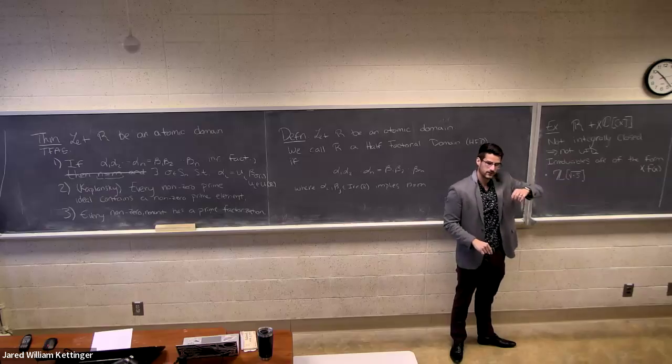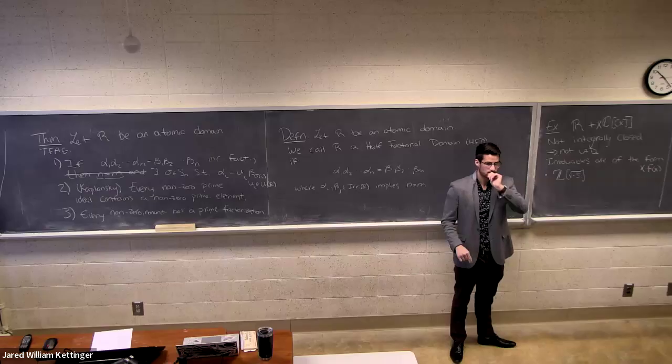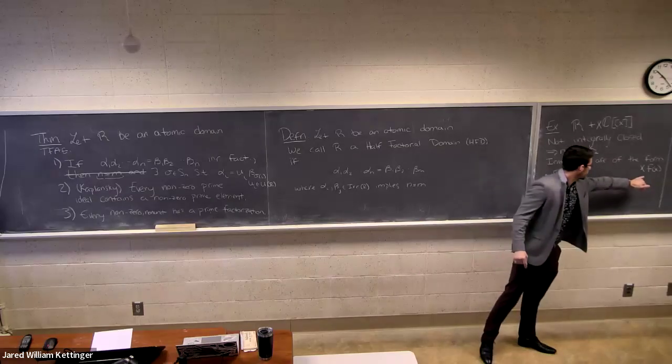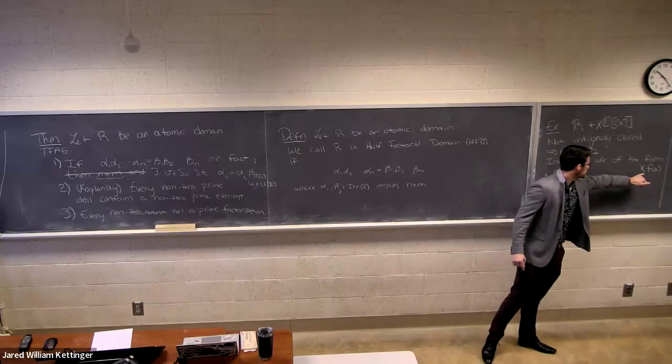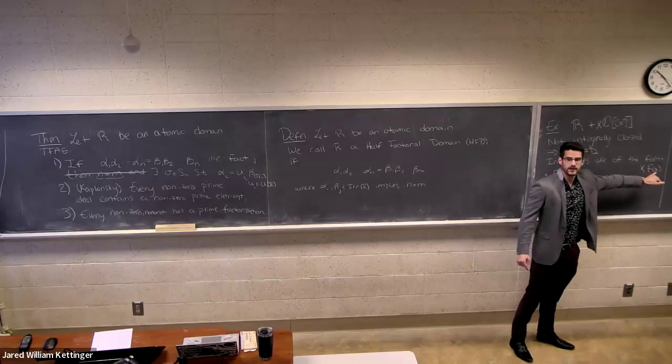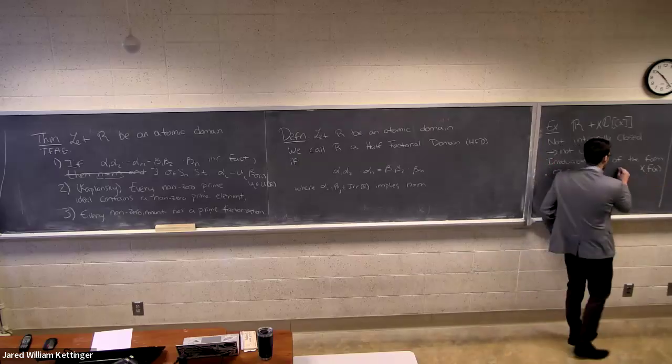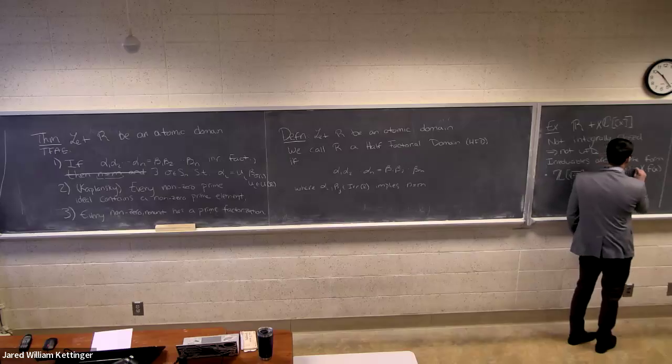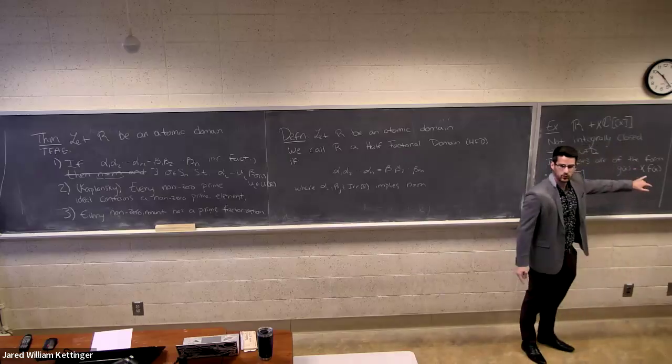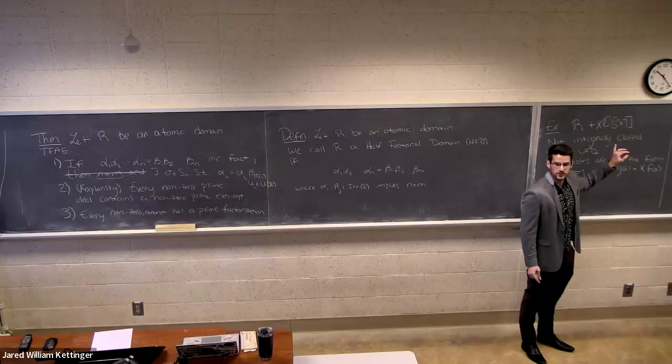I have a question. This f of 0 should not be 0, right? It's okay because we're assuming this is some g of x where the constant term is not 0, essentially. We're assuming we can factor an x out, right?